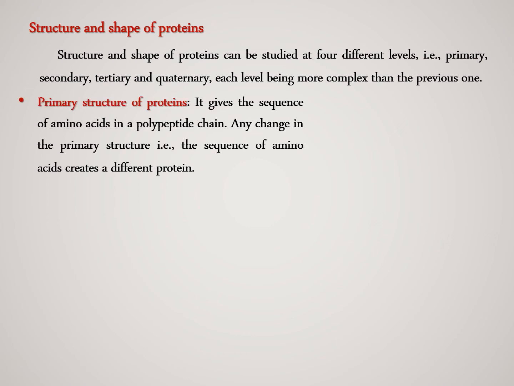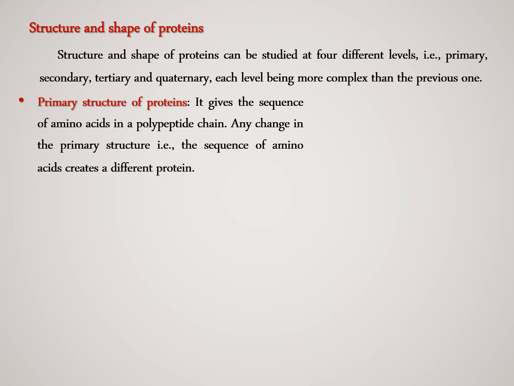The primary structure. Here in the primary structure, the sequence of amino acids in the particular polypeptide chain is understood. So the different chemical and biological properties of the protein are only because of the primary structure.